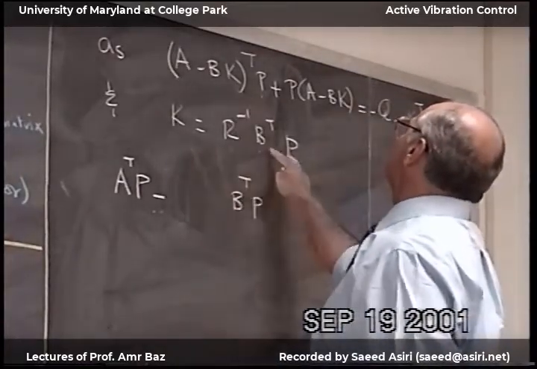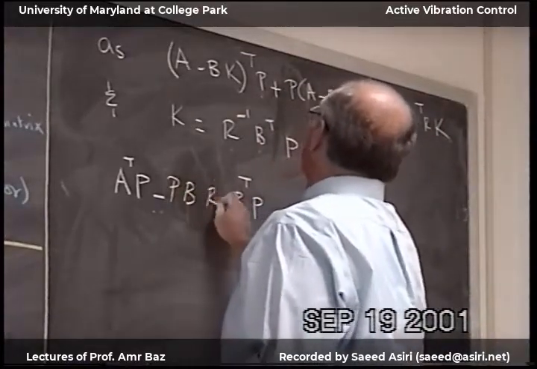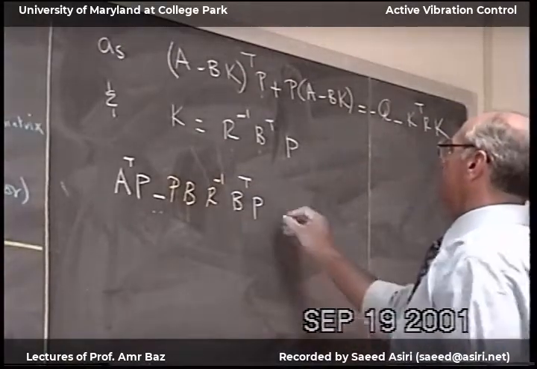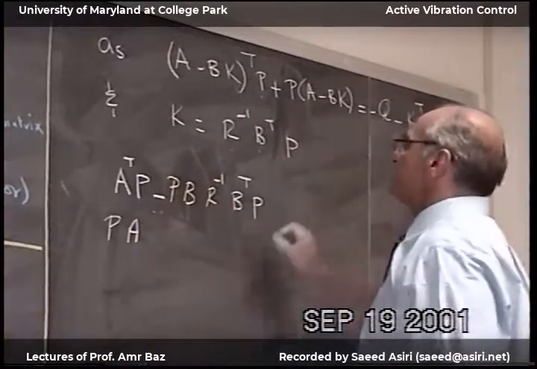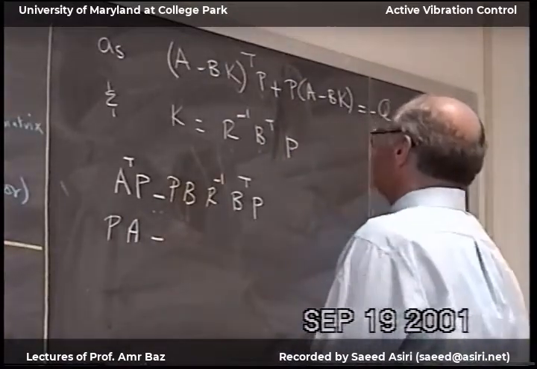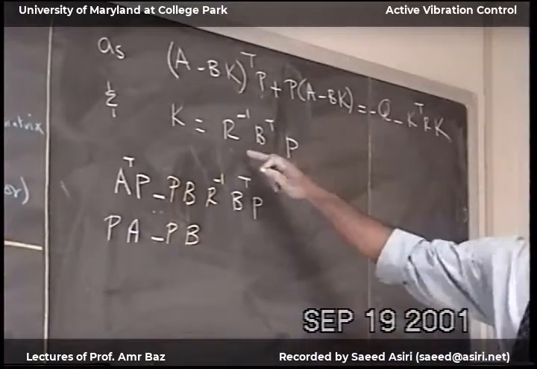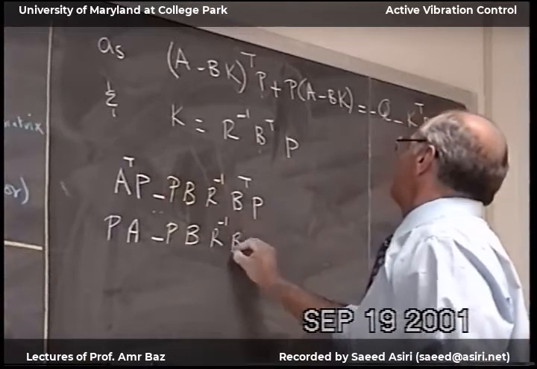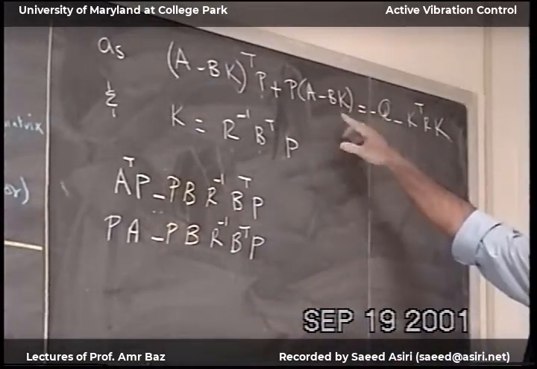It would be K transpose, so we have to have here P, and then B, and then R inverse. Okay, and then plus P A. And then this term will be minus P B, and then I replace the K from here. So this would be R inverse B transpose P. So now we're done with these four terms.